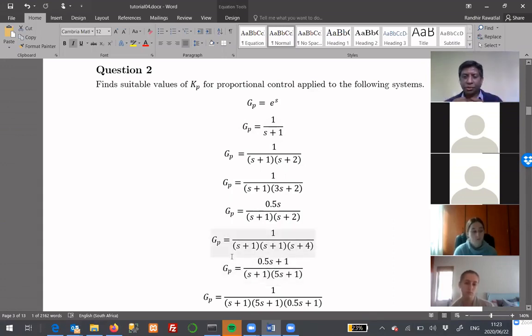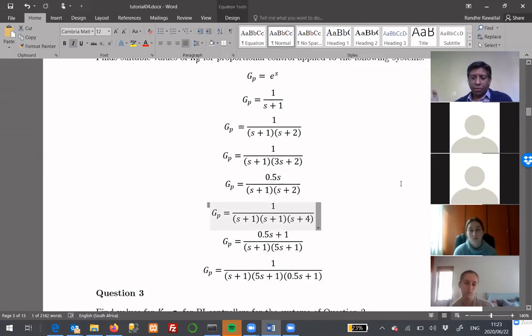So instead of having to do all those steps of deriving GP, from now on, we'll just assume a GP and say a certain process has a transfer function given by this equation, and then tell me the control parameters required to reach a given set point. Okay, any questions or comments so far?